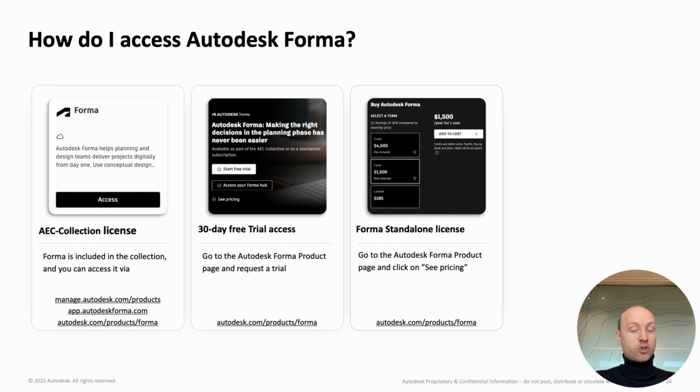If you have tried the 30-day and you like it, then it's also possible to buy a standalone Forma license. And you can get that from going into the product page and then clicking on the See Pricing button, and you can follow our steps from there.